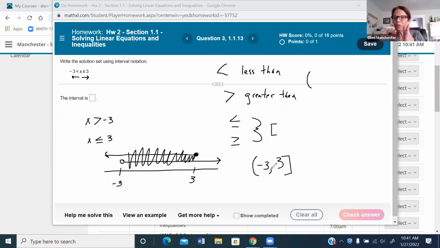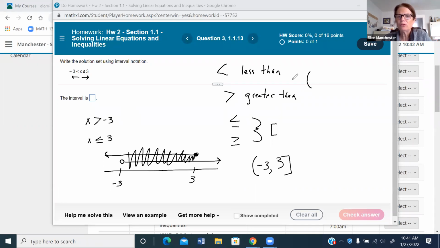An ordered pair is a point on a graph. This is interval notation saying I have an interval, and it's all numbers between -3, not including -3, and +3, and it includes +3. Again, the reason I use the bracket is because of the less than or equal to sign. So that's one example of these interval notations.